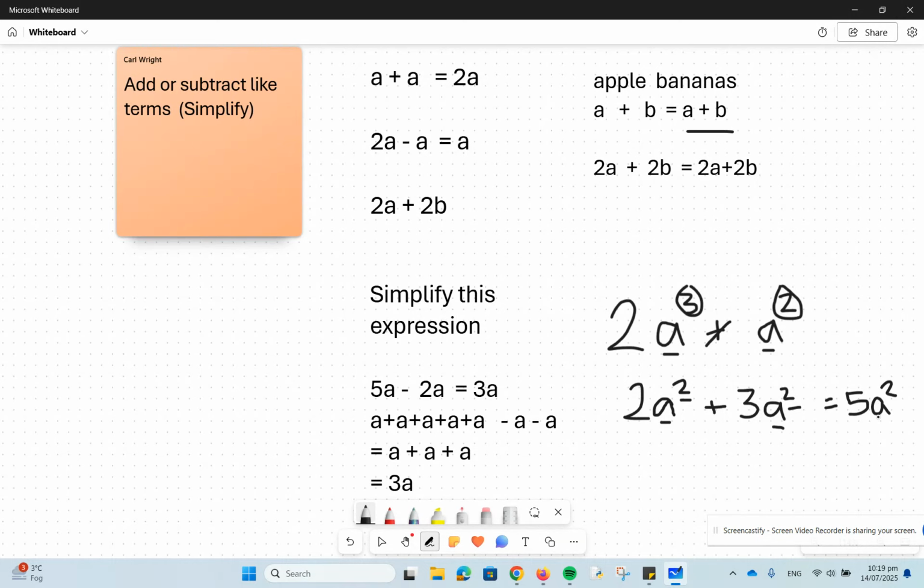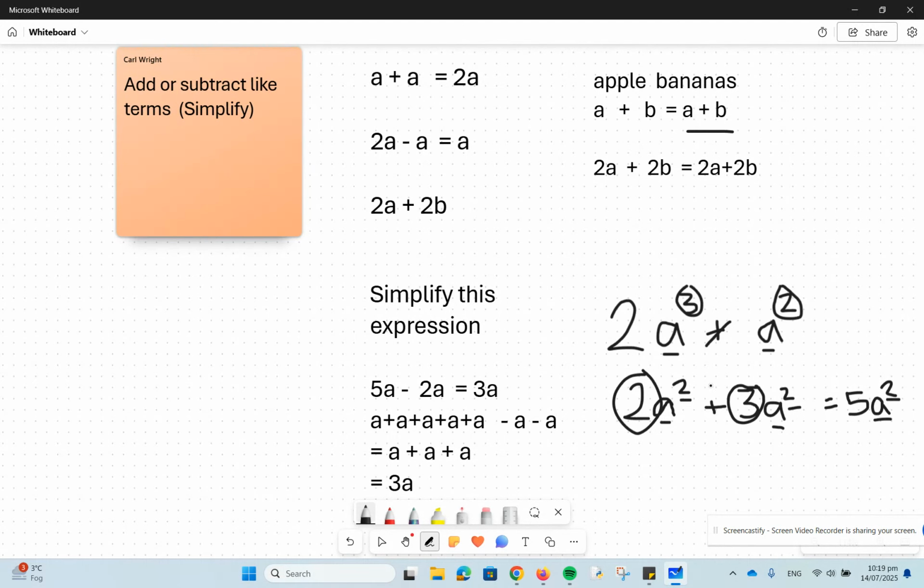Notice the letter and the power haven't changed. The number at the front, the 3 and the 2, is the only thing that's changing when you're simplifying by adding or subtracting like terms. You're dealing with the number in front every time.